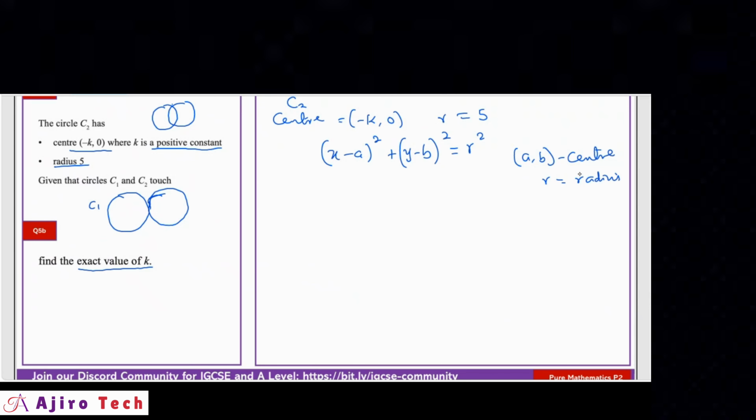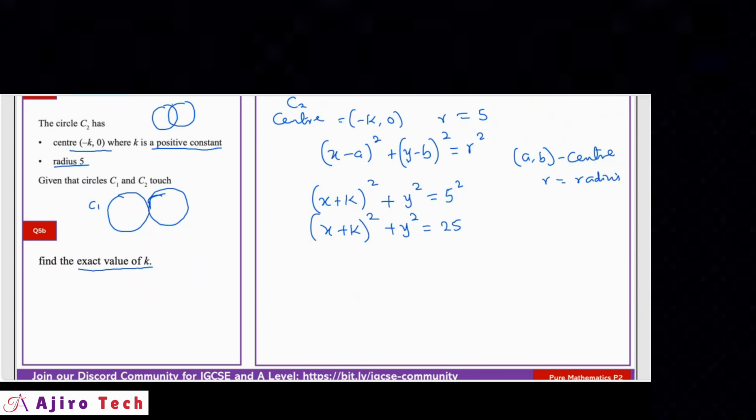Take note of that. If we plug that in, we have (x plus k) all squared plus y squared equals 5 squared, which is 25. So the equation of circle 2 is written this way.